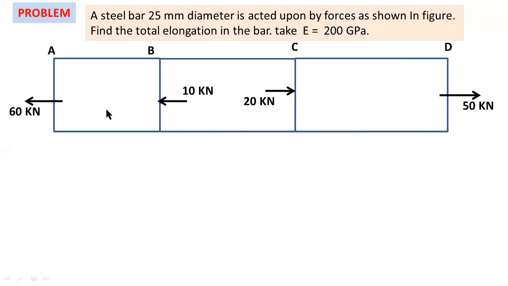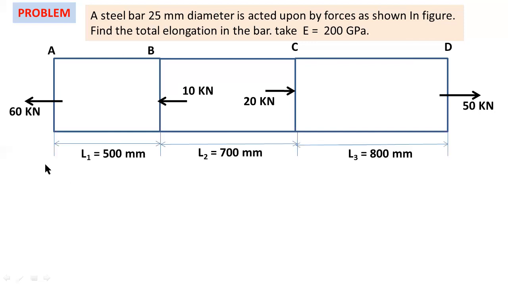These are the original lengths. L1 is the length of bar 1, or the length of section AB. L1 equals 500 mm, and L2 is the original length of bar BC, so 700 mm is the original length of bar 2. L3 is the original length of bar 3, that is 800 mm, the length of section CD.